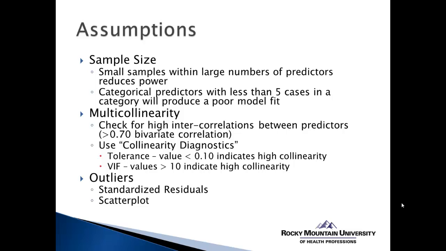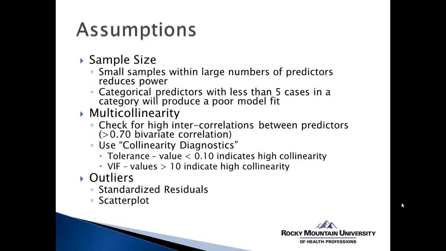We're going to create PP plots and look for a standard arrangement of the data points and whether or not it meets that assumed arrangement. Then we can also use scatter plots, which will give us an idea if we have a particular variable or sets of scores that fall outside of an acceptable range of scores. And we use standardized residuals to, again, determine those. I'll also talk about how we do that in a few minutes.